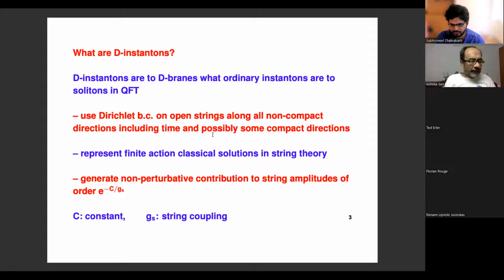So first, what are the instantons? A simple answer is that the D-instantons are to D-branes what ordinary instantons are to solitons in quantum field theory.